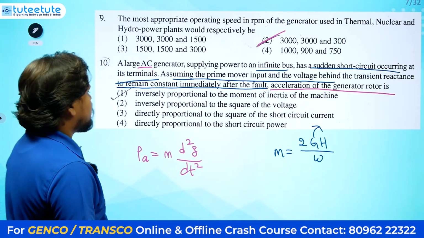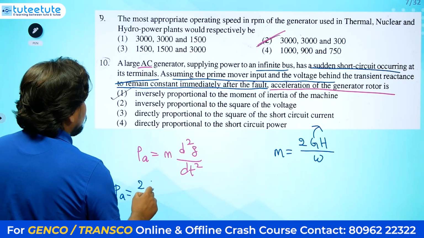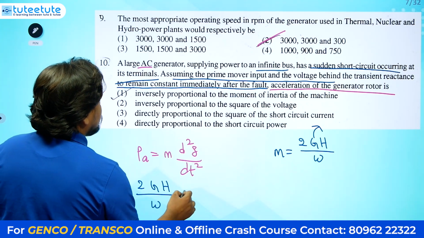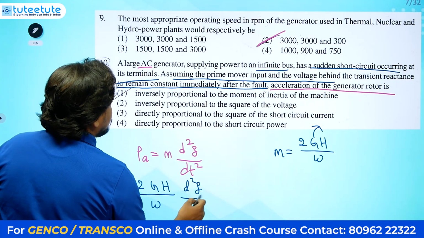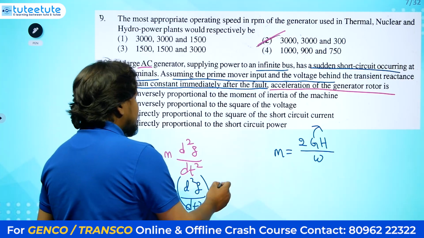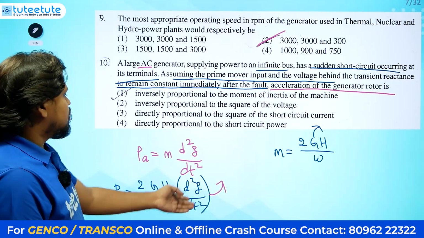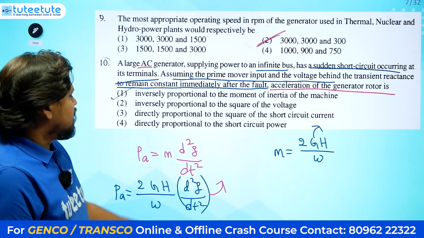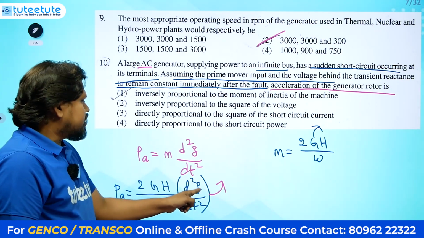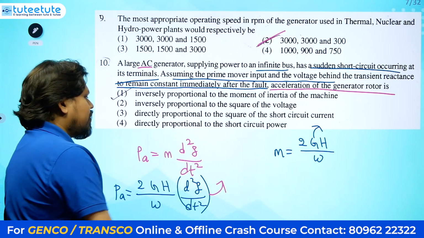If you substitute this here, you will get Pa equals 2 into G into H divided by omega, times d square delta by dt square. What is this d square delta by dt square? This is nothing but our acceleration. This is the angle, our displacement. Then d delta by dt we will get as the velocity change.